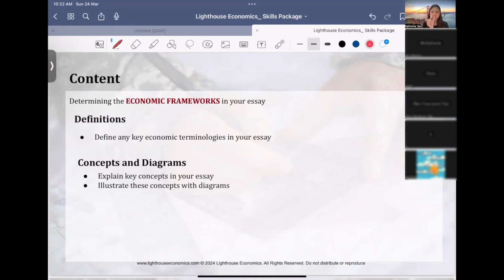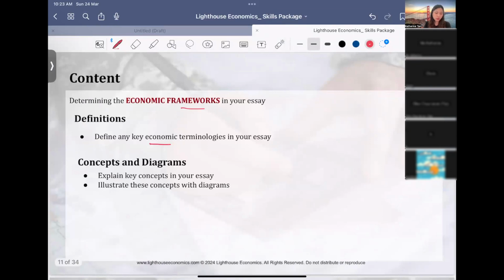Price itself is not a very strong economic concept, but the idea behind price is demand and supply. So you need to look at the question and unpack the key economic terms they are trying to address within it.